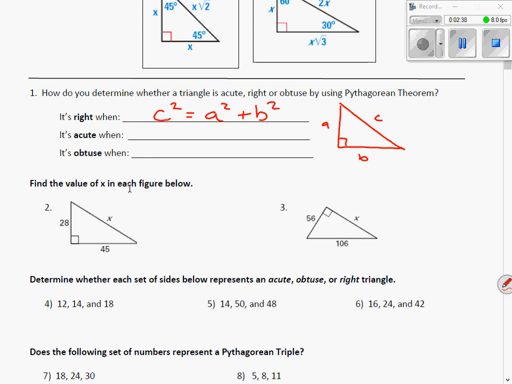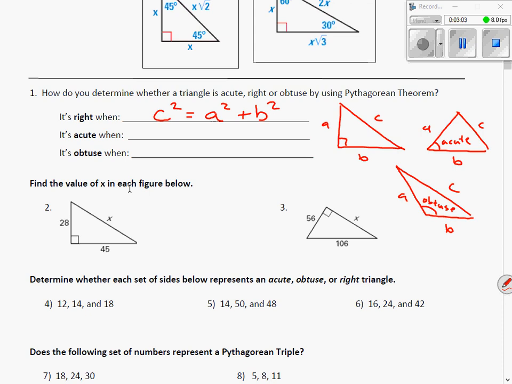But if you make C smaller, then this is going to be acute. If you make C bigger, that's going to be obtuse.